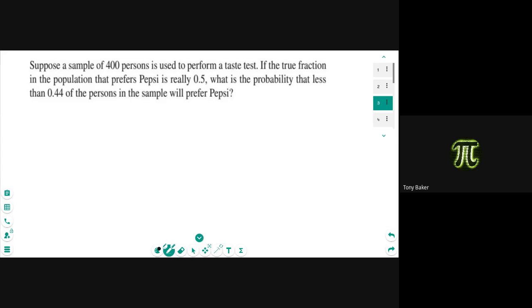Because whenever you're doing these problems with proportions, you need to know what you're comparing it to, that mean of the population. So in this case, the mean of my population is going to be 50% or 0.5. So that's the first piece of information we need, which is my p.